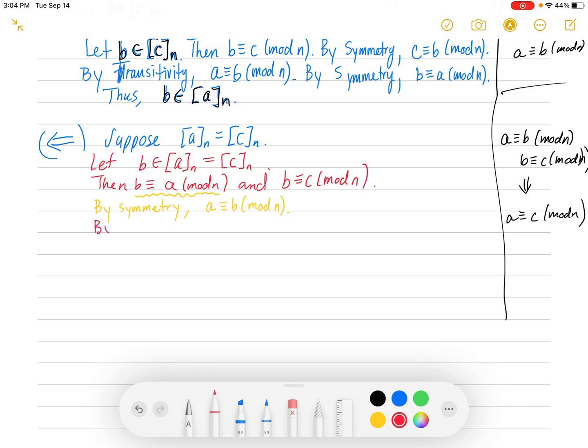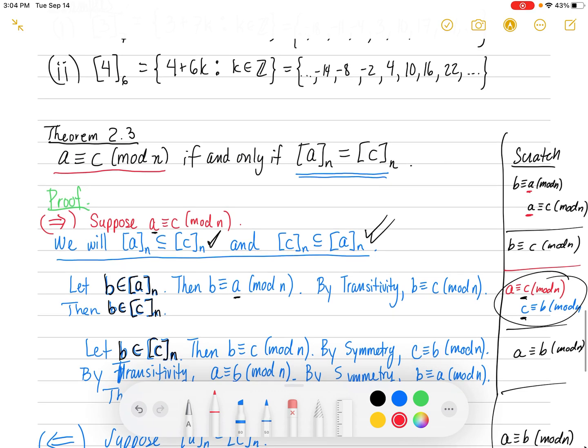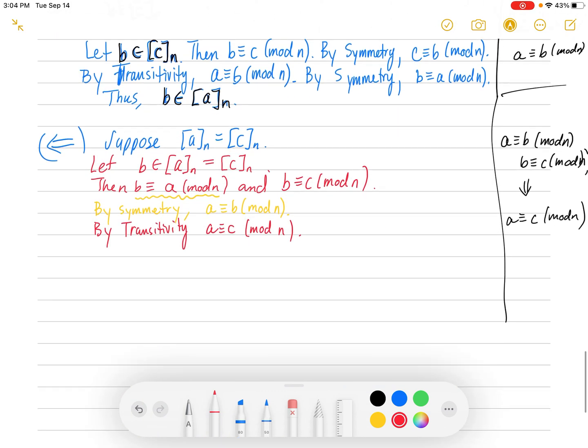So let's say, by transitivity, A is congruent to C mod n. And that's what we wanted to prove in red, right? A is congruent to C mod n, this one. And that's it. That's our proof, both directions. All right, I think we will stop with that.